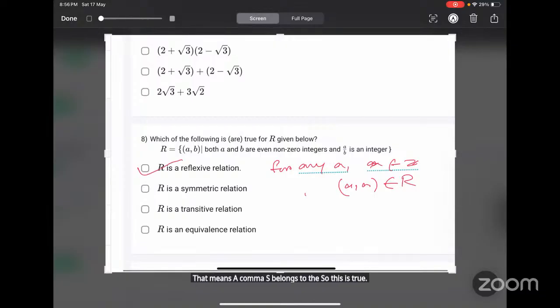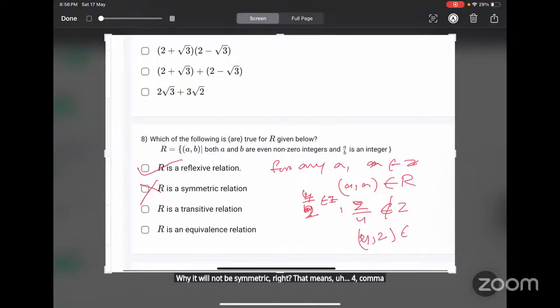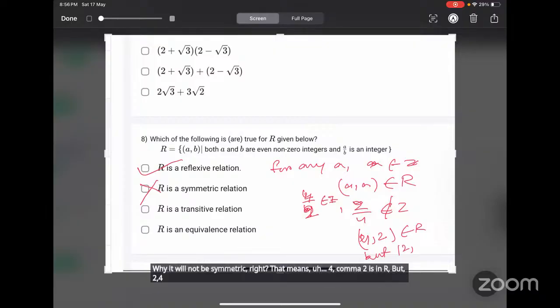Now 4 by 2 belongs to Z, but 2 by 4 doesn't belong to Z. So this is the reason why it will not be symmetric, right? That means 4 comma 2 is in R, but 2 comma 4 is not in R, right?